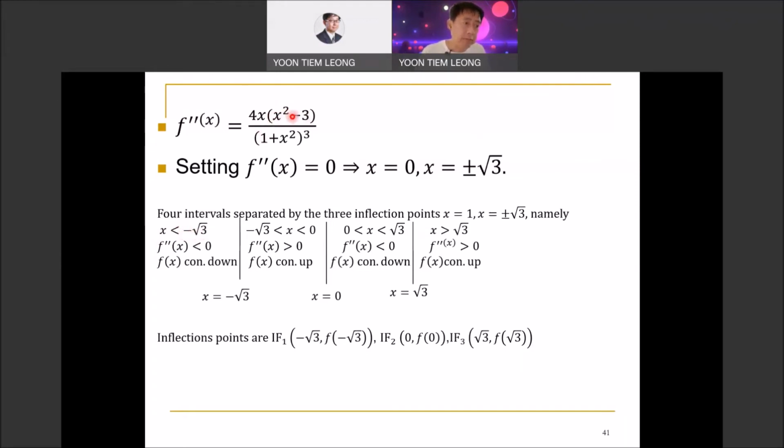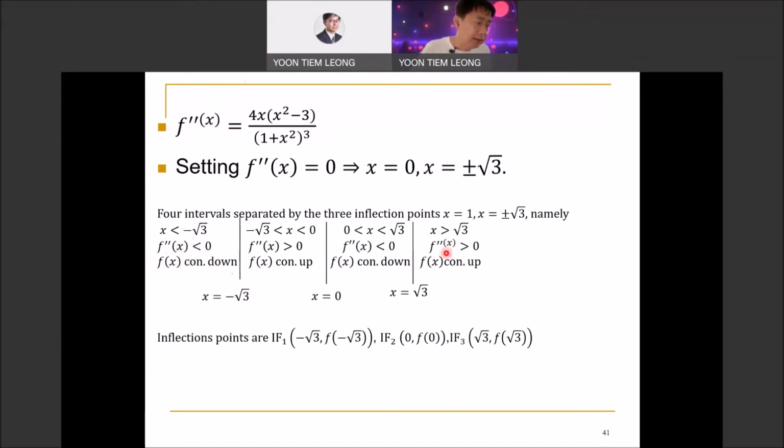Therefore x squared minus 3 is a positive number, but x would be a negative number because x is taken to be less than negative square root of 3. So this will be a negative factor, and x squared minus 3 will be a positive factor. So f double prime would then be negative in this region. That's why I write this as a negative. Therefore, you conclude that when x is less than negative square root of 3, f has a downwards concavity.